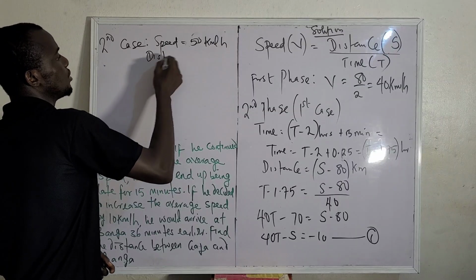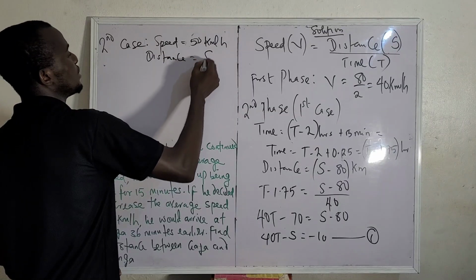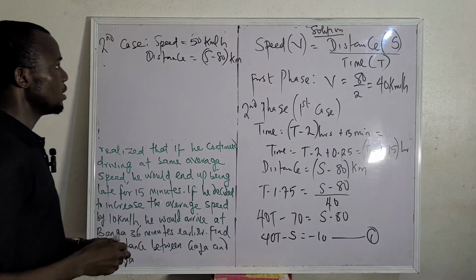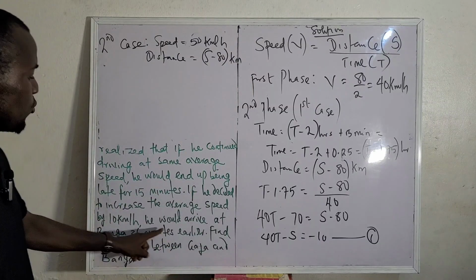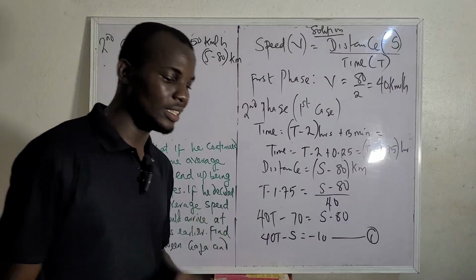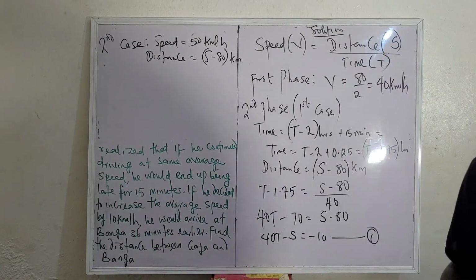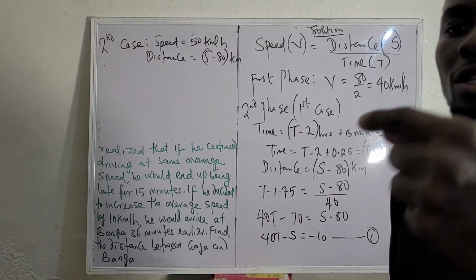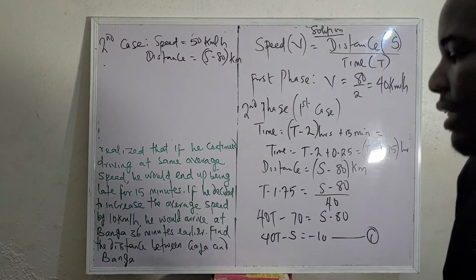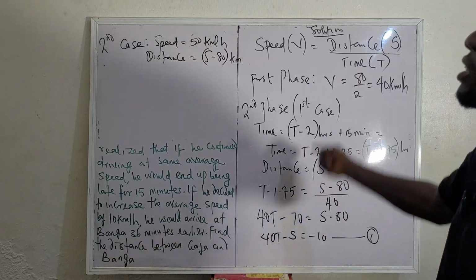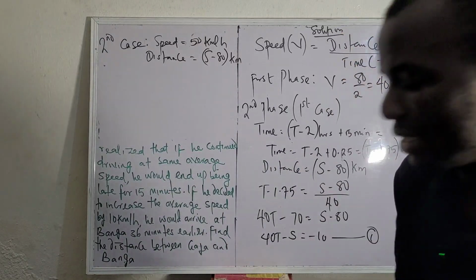All right. The distance remains unchanged. Distance is S minus 80 kilometers. Now, he will be 36 minutes earlier. It means that instead of getting there at the time T, the time will reduce by 36 minutes. And remember, this is the time we should have, T minus 2. And so it is again reduced by 36 minutes.